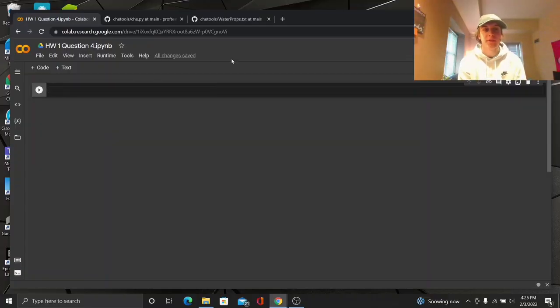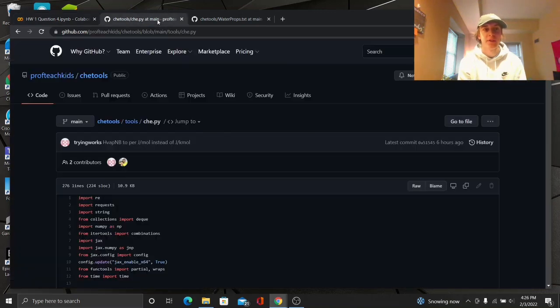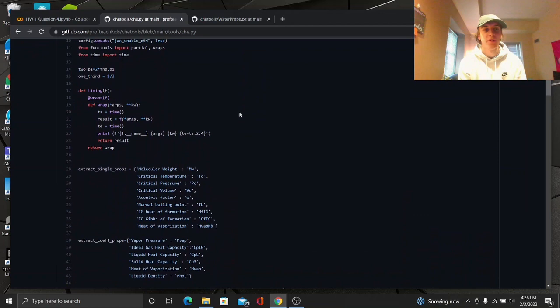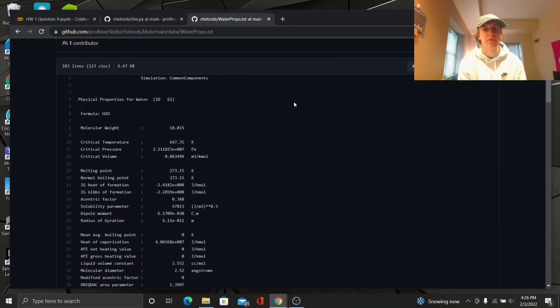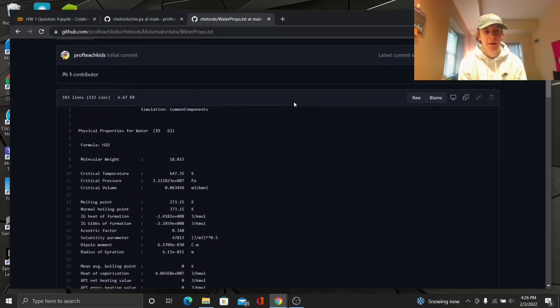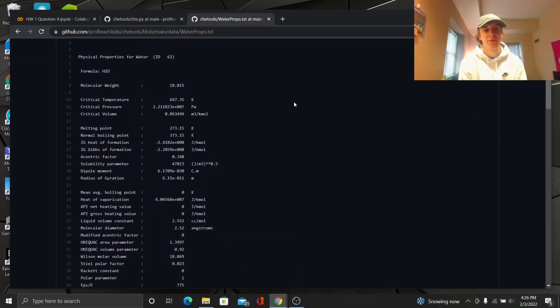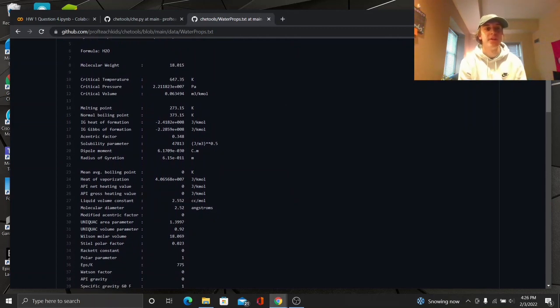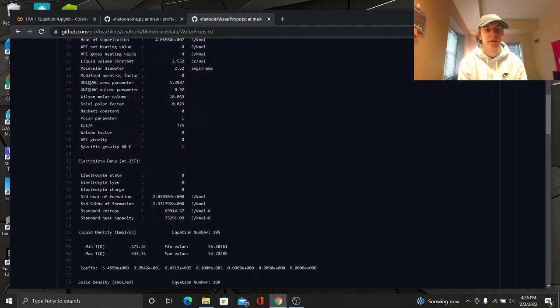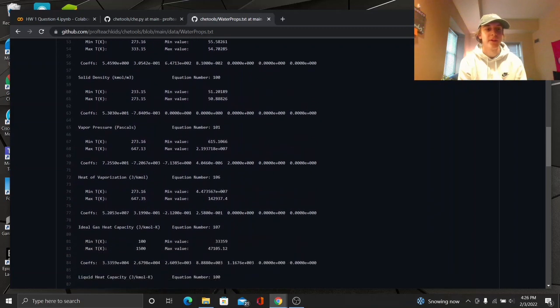So the first step to solving this problem on Python will be to import this set of tools into our code that has different physical properties for water, like the critical temperature, pressure, volume, and what we're going to use, the vapor pressure.